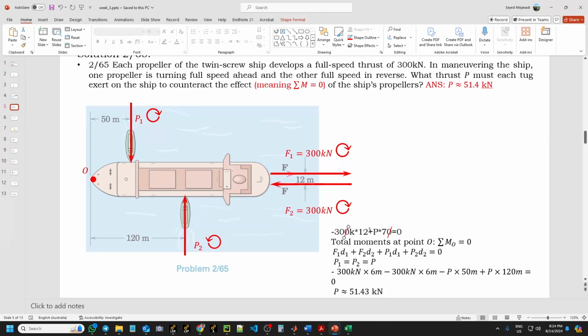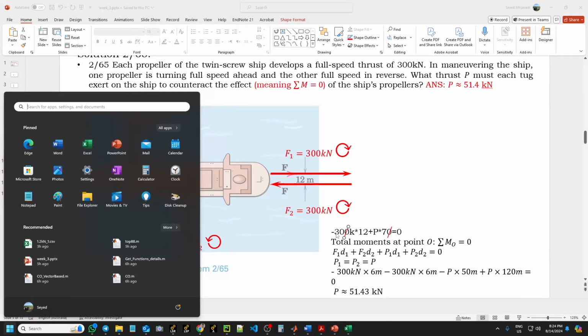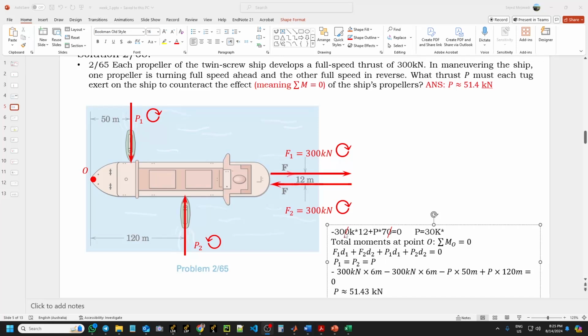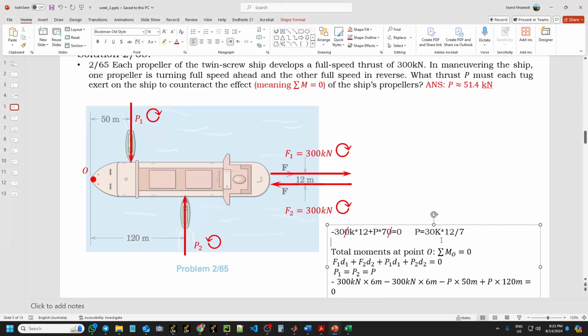Now we will use our calculator, or you can just write 30k times 12 divided by 7, and because I move this one, the negative will be positive, and yeah, the answer is this.